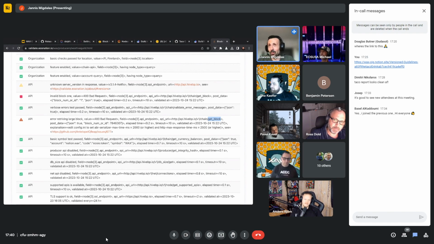So at some point we might oblige everyone to have a working seed node. Does that have any impact on someone trying to seed from you? Does it have any impact on Chain API? The main one is the get block. It's only the get block. That's the main one.